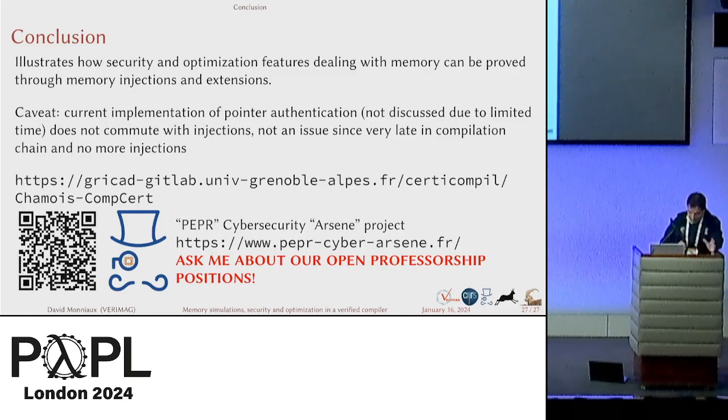We currently have a version that, like GCC does, authenticates the return address. It's a bit tricky. The way we currently do it does not commute with injections, but this is not a problem because this is applied very late in the compilation process, and we don't run phases that need memory injections after that. So we're allowed to do it in this way.